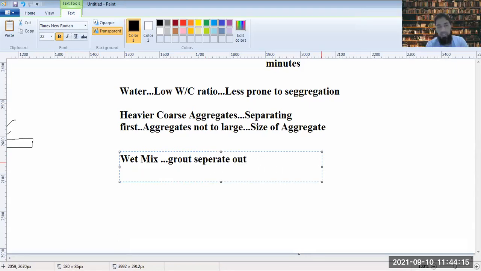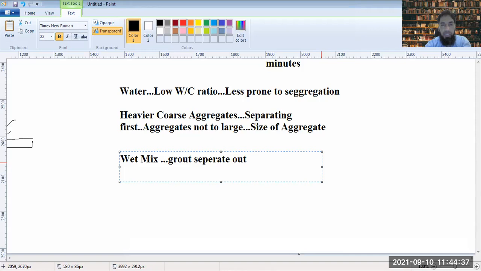At this stage, I can just tell you it's a wet mix where you have a large content of water in that mix, or the plasticity of the mix is too large, so the grout will begin to separate out first in that case. So you do not want that to happen.